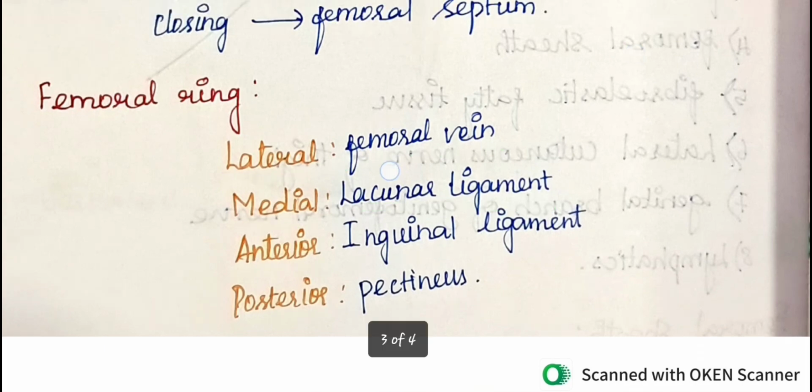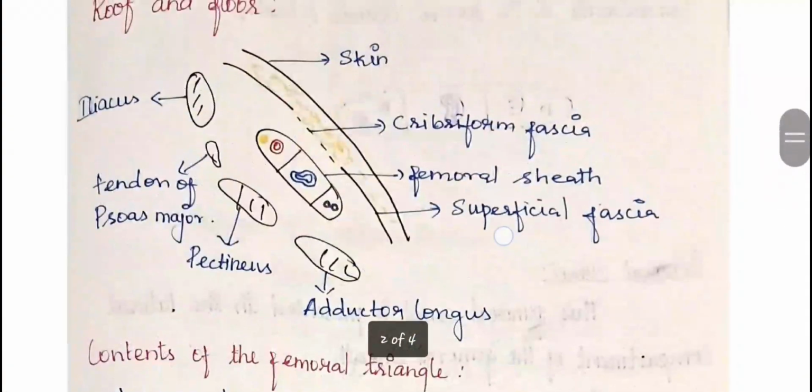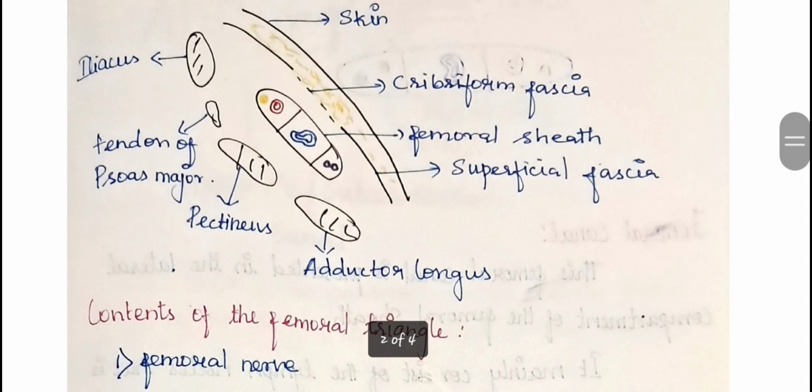In this picture you can see the femoral canal. Posteriorly we have the pectineus muscle, and laterally we have the femoral vein.